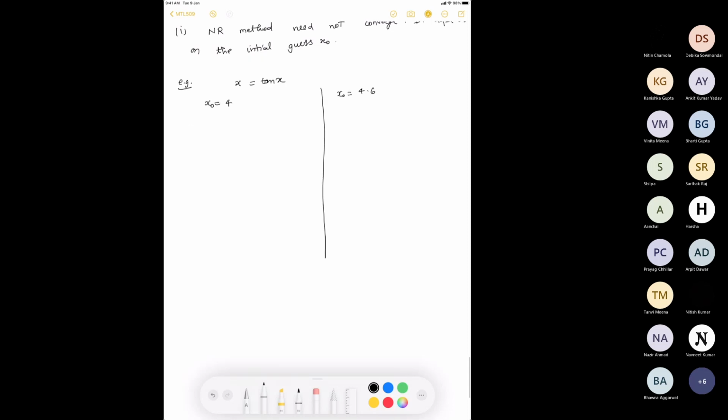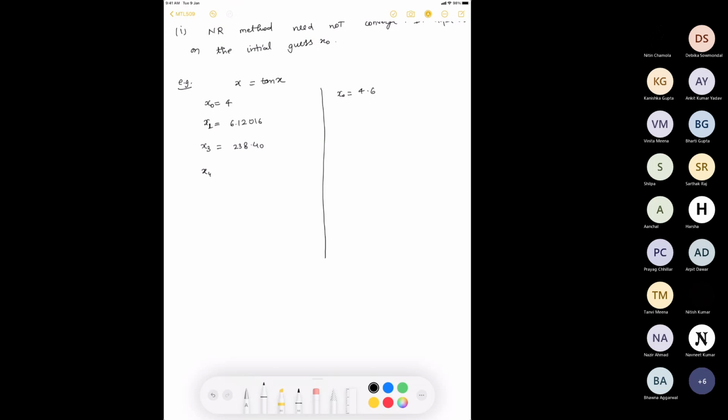So I've already computed some of the values, so I will just list them out. So if you start with x naught is equal to 4 as an initial guess, and if you compute x1 using the Newton-Raphson method, you will get 6.12016. Okay, the next iterate is going to be 238.40.